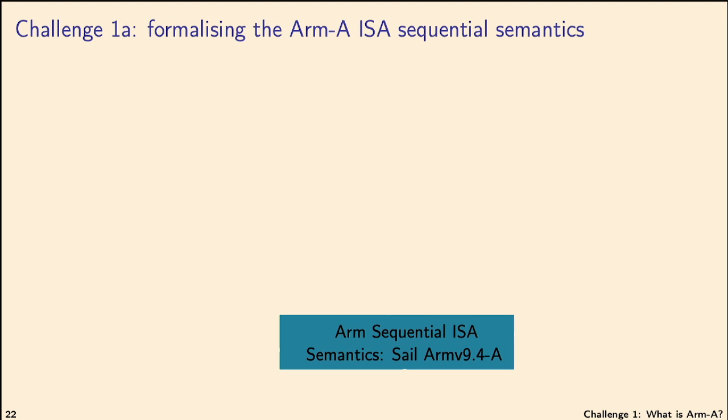The ASL within ARM is sort of executable, and you compile it to C. So for a previous version, Brian and Alastair ran the ARM internal architecture conformance tests on that C emulator, and you can't say they were perfect, but they were about as perfect as the results that ARM get.